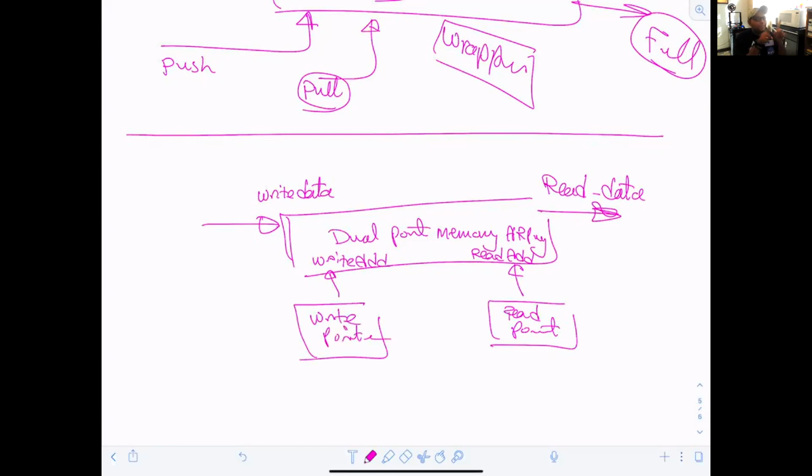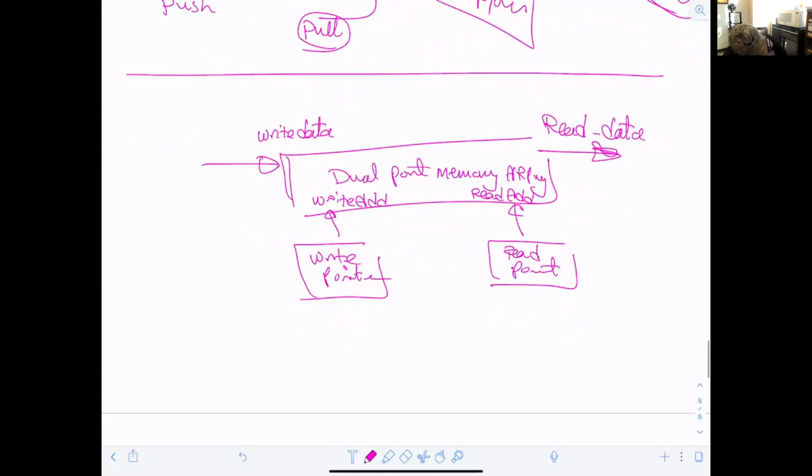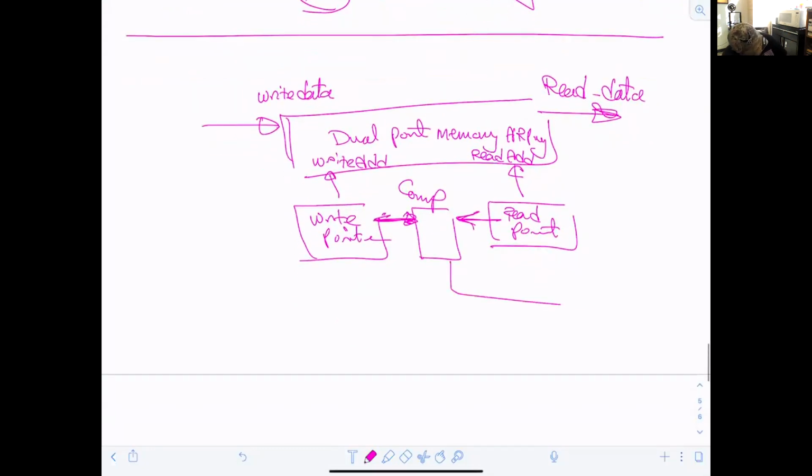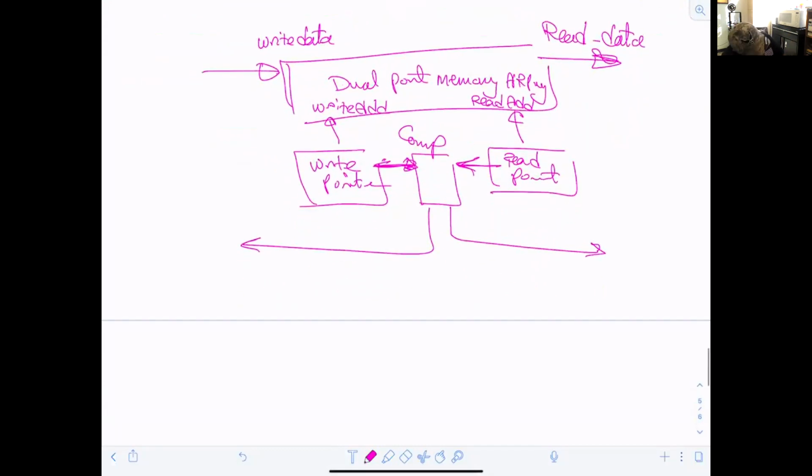Then I will compare between them, so I will make a comparison logic between the pointers. When I compare them, I define my flags, which are empty and full.